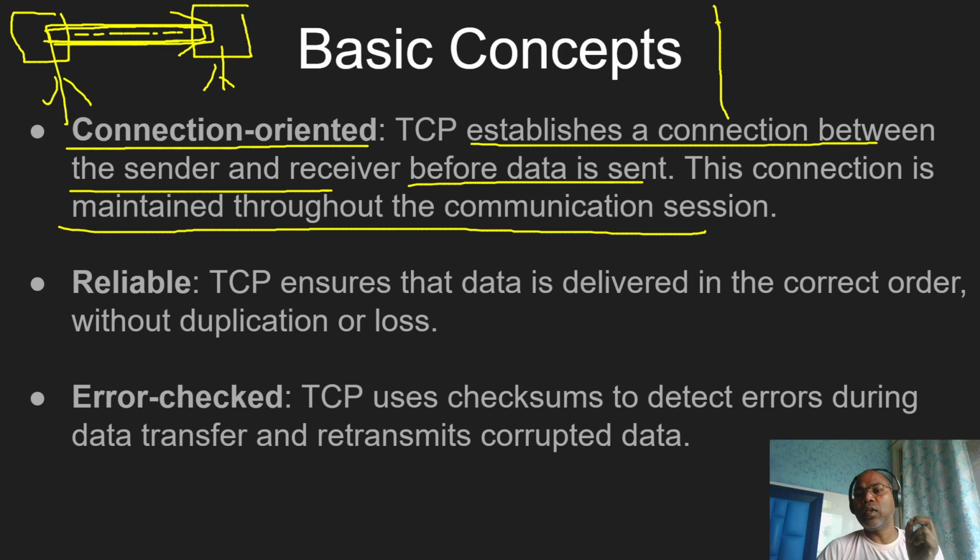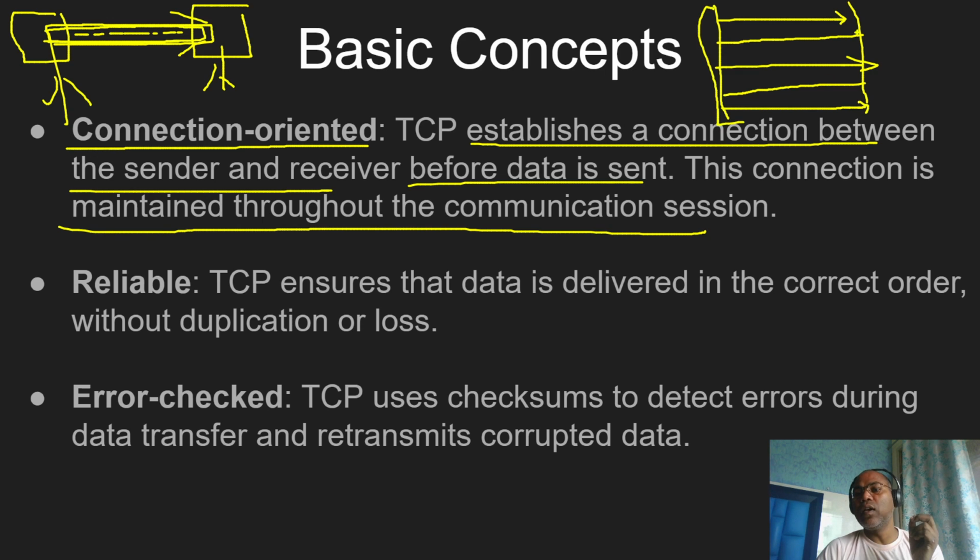Let's say the sender sends the data, the receiver receives it, the server responds with okay or failure, again the sender sends data, again the receiver responds, again data is sent. This connection is not closed until all the communication is done. That means whatever communication happens between sender and receiver, the connection between the devices stays established.